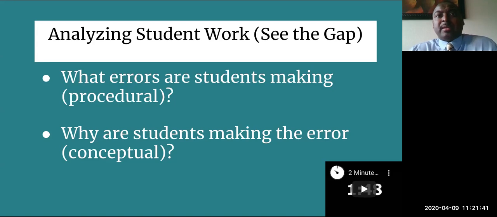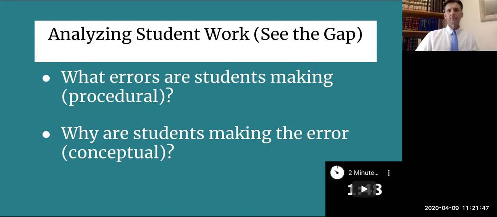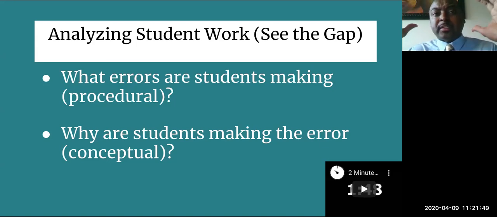Why are students making this error? So if you frame your thinking in that mindset, then you're going to be able to identify those procedural and conceptual errors. And then as Dr. Smith mentioned, you would do the same thought process for your low students. Ask your questions, looking at them collectively. What errors are students making?